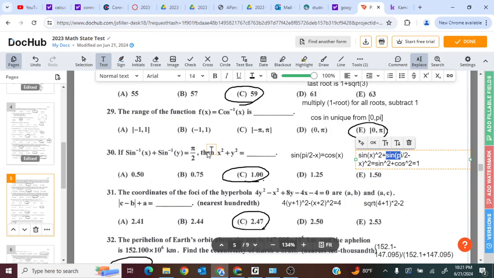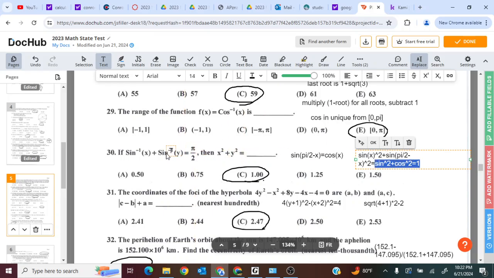Basically, the fact that sine inverse of y totals up to pi over 2 means it's the same as sine inverse of x plus cosine inverse of x. I can't explain it very well. I'm sorry. Hopefully you understand where I'm going.